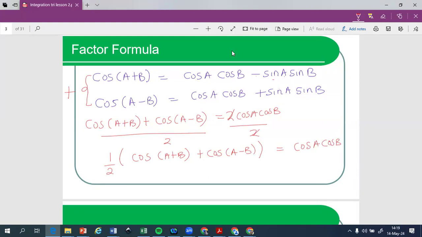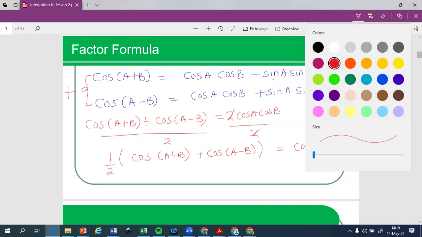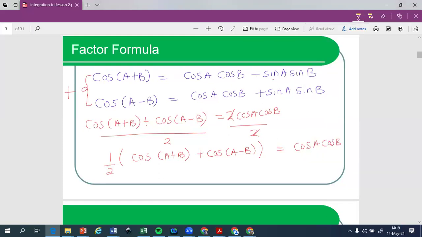Yes, sir, it is fine. Now, I want you to put that in a good way, because this is going to be very important: whenever we meet cos A cos B as our integration function, we shall be applying this. Are we together?